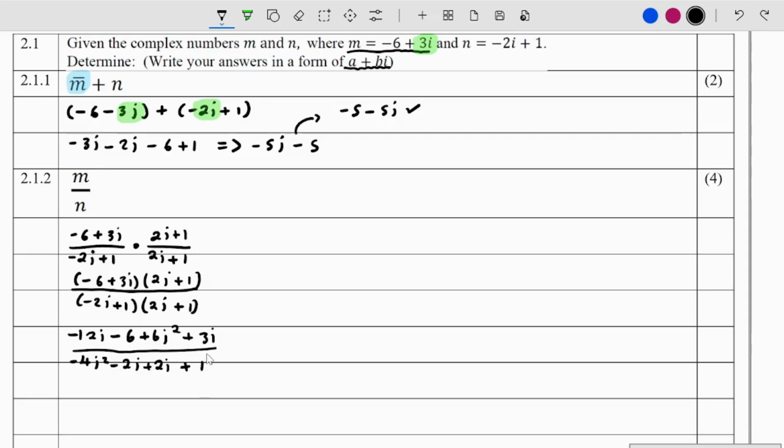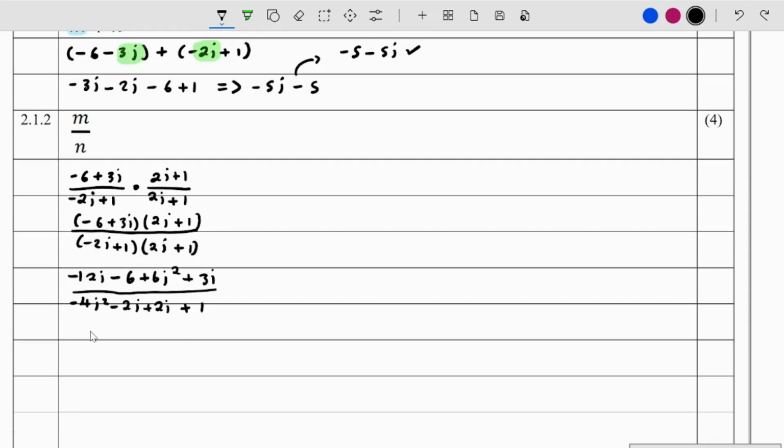Great. Now we simplify. In the numerator, negative 12i plus 3i are our like terms, so I'm going to put them together. Negative 12 plus 3 is going to give us negative 9, so we're going to have negative 9i. And then negative 6 plus 6 times negative 1.